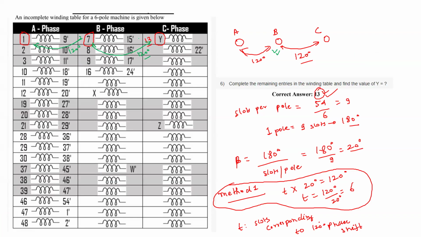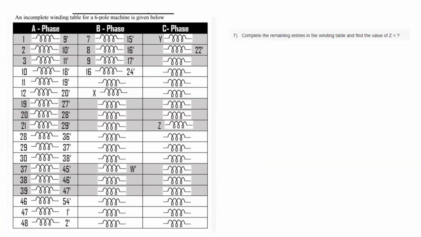Now we will see the next question. In the next question we have to find the value of Z. Z is here. So we know this is 13. So this will be 14, this will be 15.